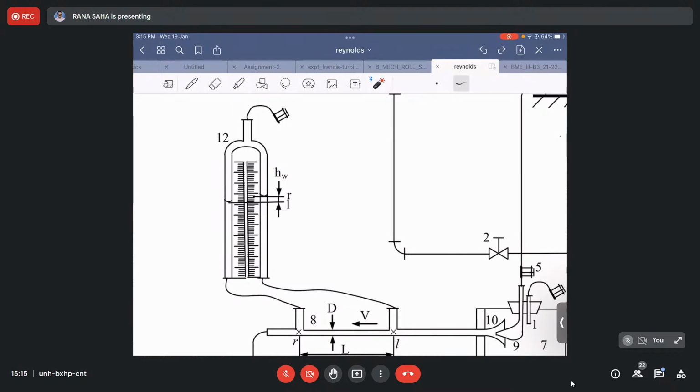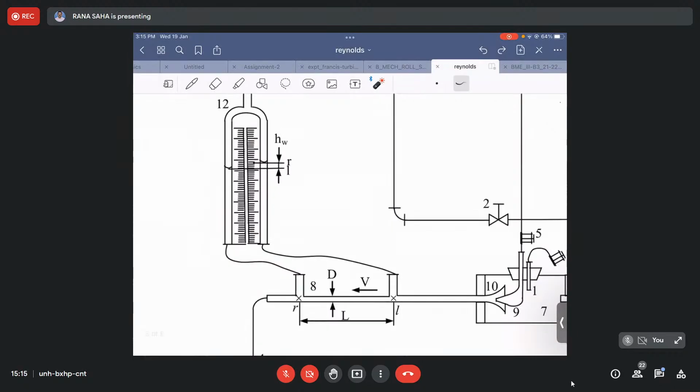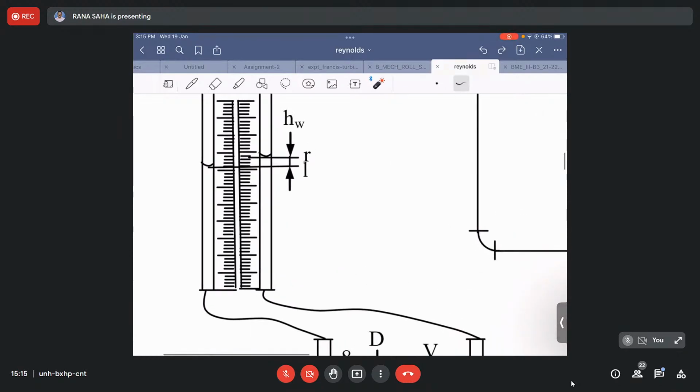Typically this U tube is filled with air, and when flow occurs through this tapping, water comes to the respective limbs, and because of the loss, one can expect a difference in the meniscus of the water inside the U tube, and the difference in the two menisci will give us this head loss. Here it is denoted as HW.